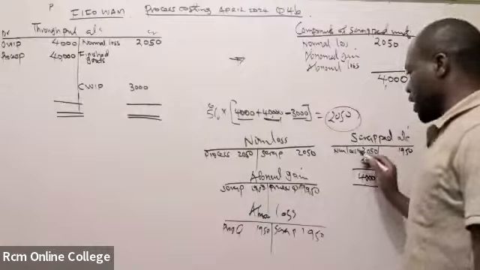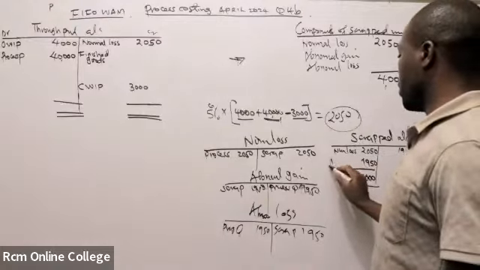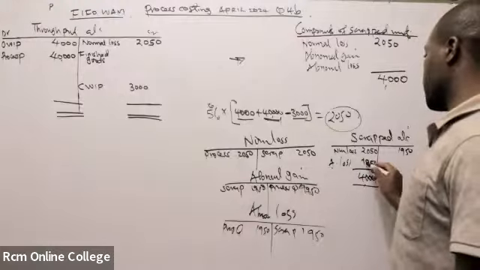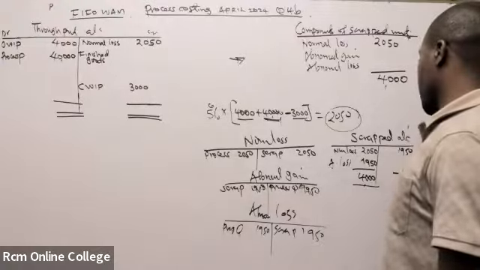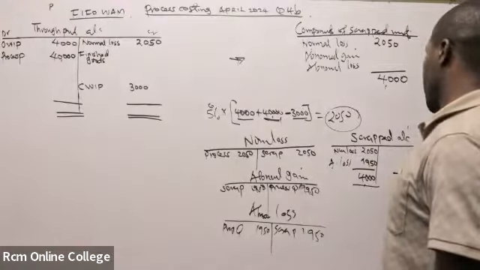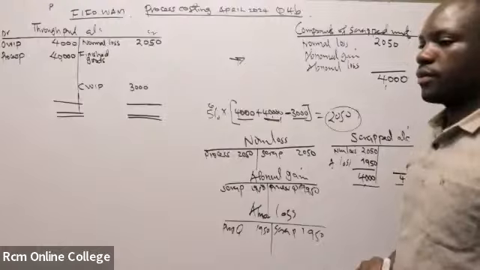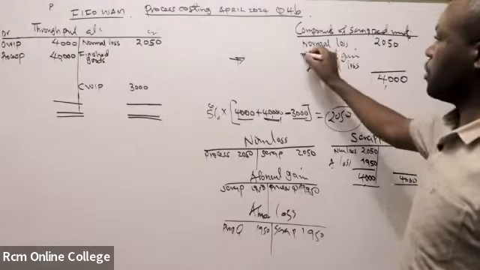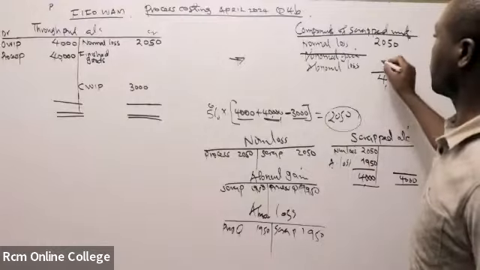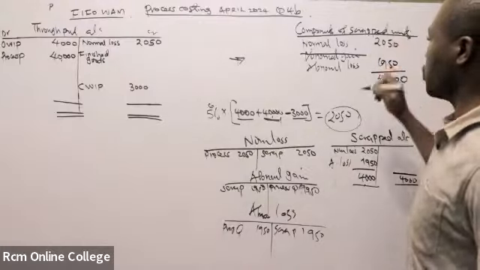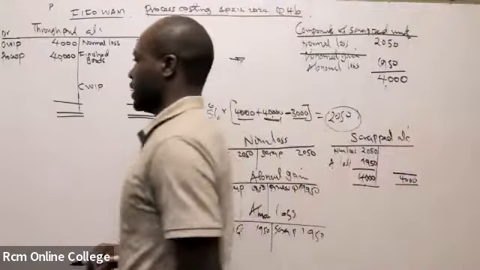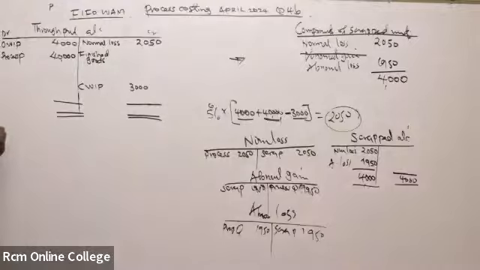So when I come to the scrap account, I'm going to debit abnormal loss 1950, and you can see where we need it. So this one here is not abnormal gain, but abnormal loss of 1950. When you add the two, you are getting 4,000. So that's how we identify what was missing.